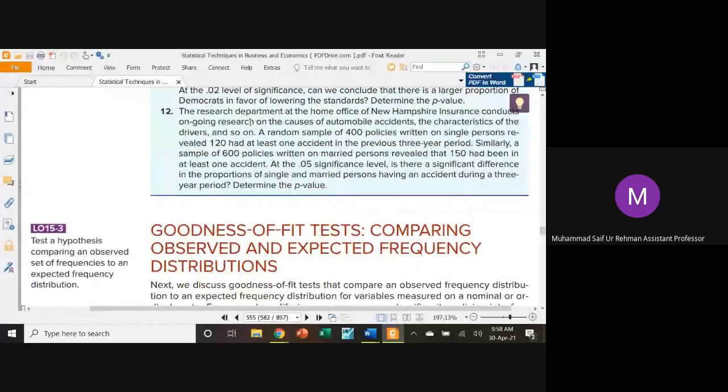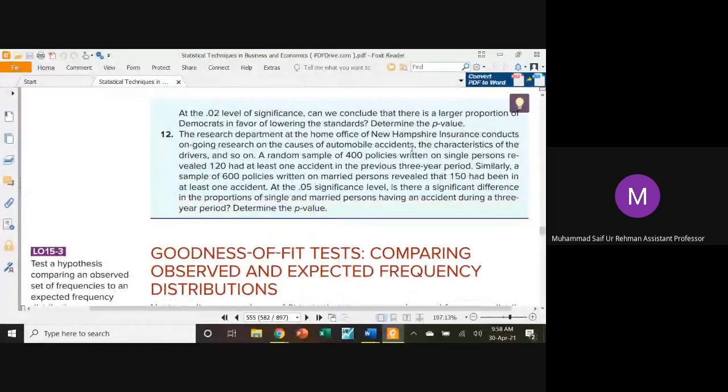Finally, this question: the research department at the Home Office of New Hampshire Insurance conducts ongoing research on the causes of automobile accidents, the characteristics of the drivers, and so on. A random sample of 400 policies written on single persons revealed 120 had at least one accident in the previous 3-year period.